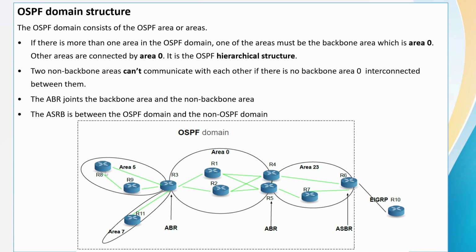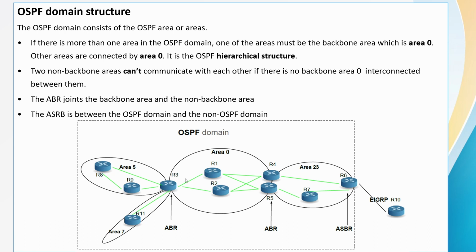Even in this situation, where area 5 and area 7 are connected directly on the same router R1, if R8 wants to send OSPF routing information to R11, this information must go to R3, then go to area 0, then back to area 7.